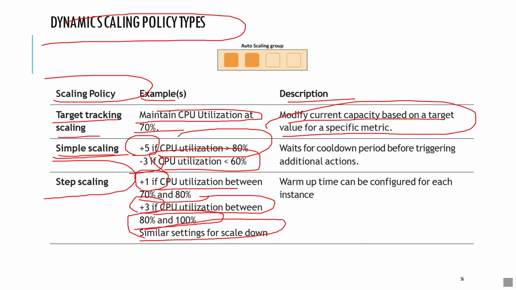Similar settings apply for scaling in. If the CPU utilization is between 50 and 40, we can decrease the EC2 instances. And if CPU utilization is between 20 and 30, then we need very few instances to handle the traffic. That is about dynamic scaling policy types.